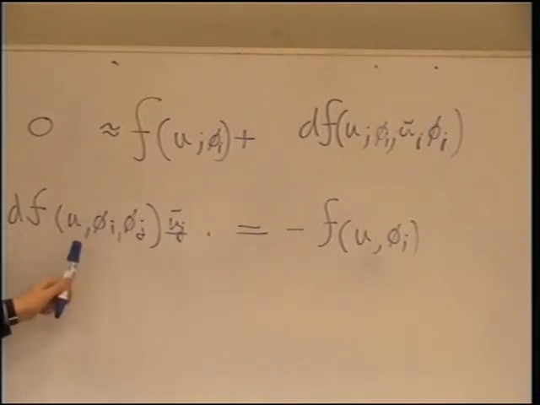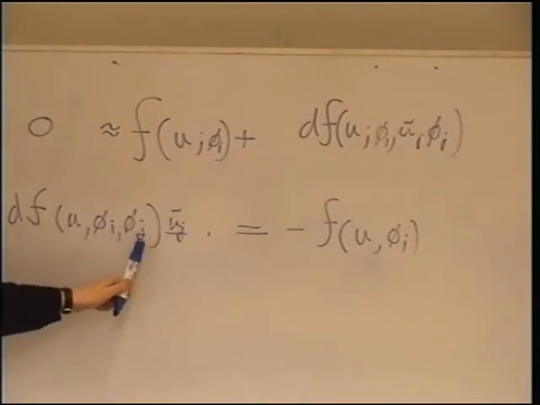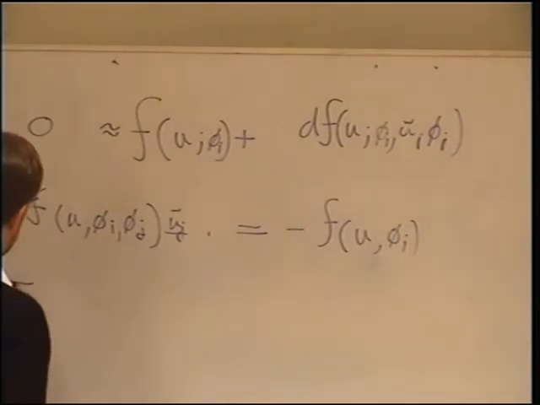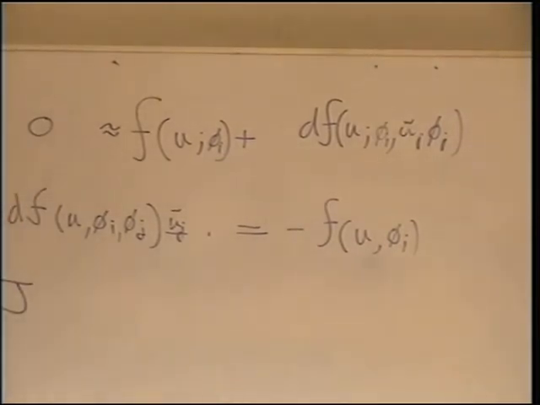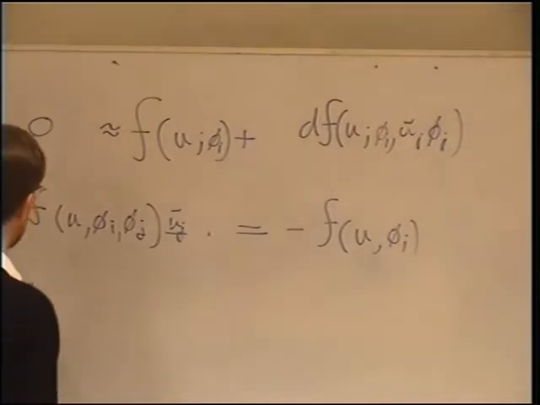The entries of this matrix are given by choosing one i and one j. So this matrix, which we'll call J because it's the Jacobian, is the same concept as the other Jacobians we see.